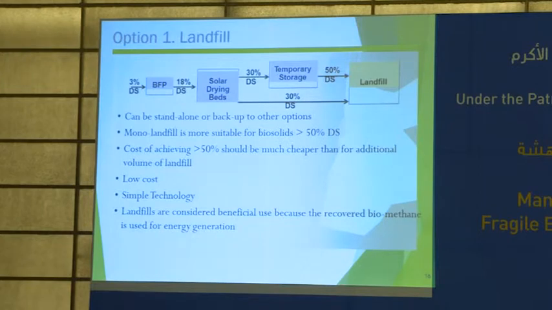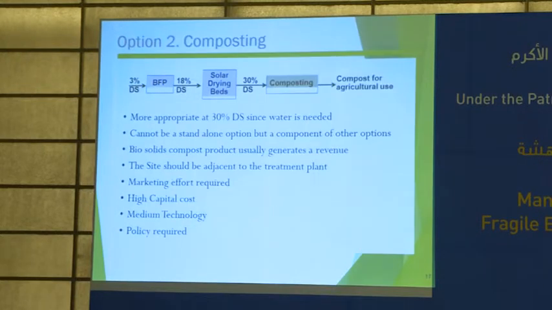Okay. The landfill first, which is the main technology that we deal with. It is a simple technology and low cost. And we can get methane from this technology after certain years once the sludge reaches certain conditions. And the maximum dryness of the solid required is not more than 50%.